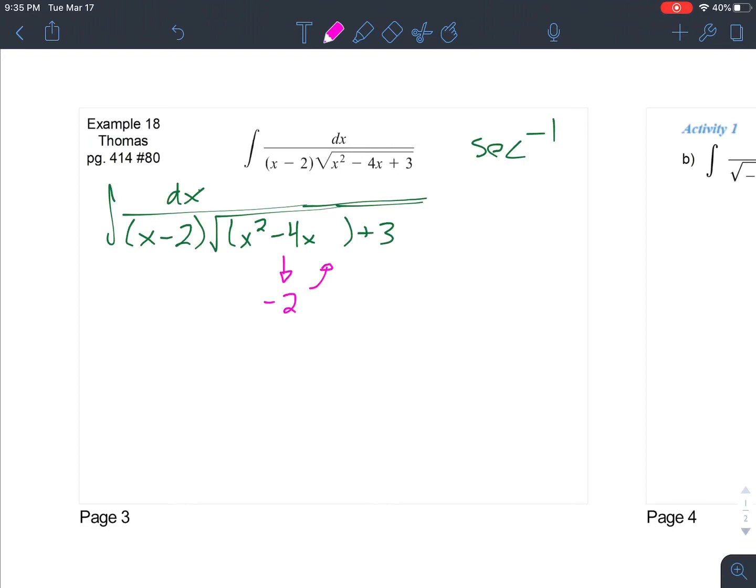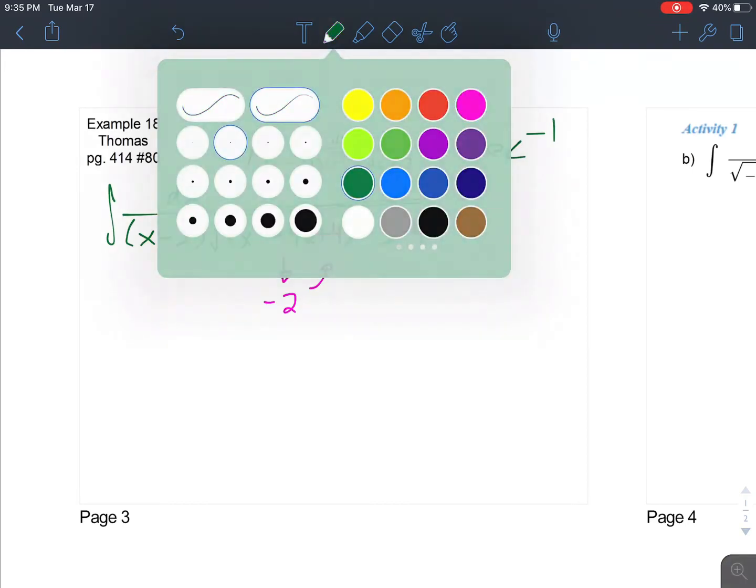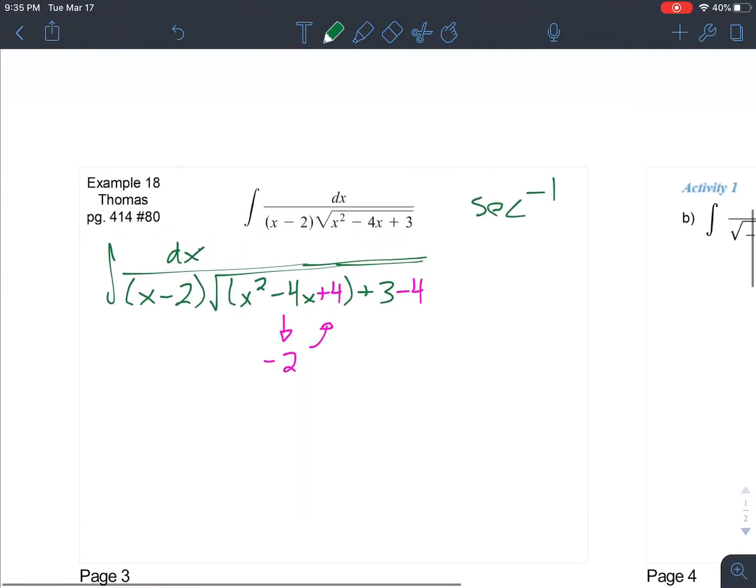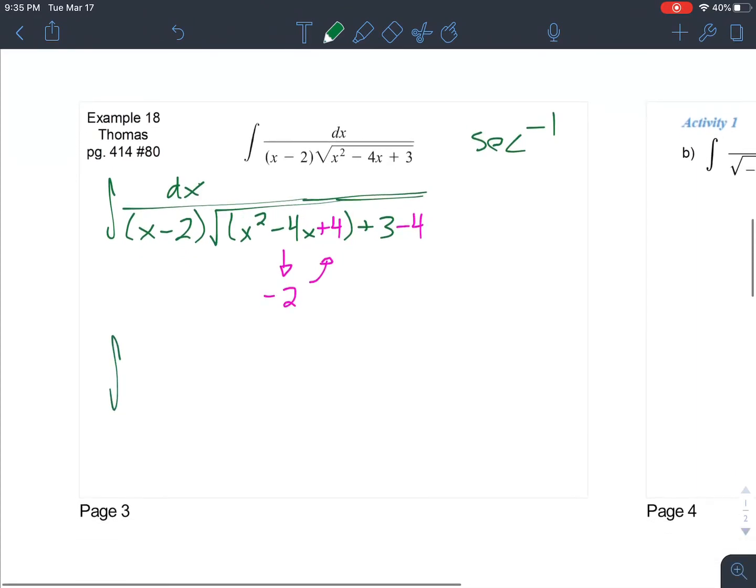Half of negative 4 is negative 2. We square the negative 2, and that becomes a plus 4. So we need to put minus 4 at the end. Now that we have done that, let's go ahead and start rewriting this integral. We're going to get dx still on top. We still have the x minus 2 outside of our square root.